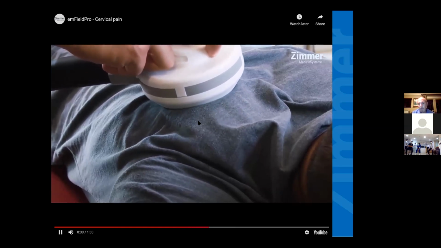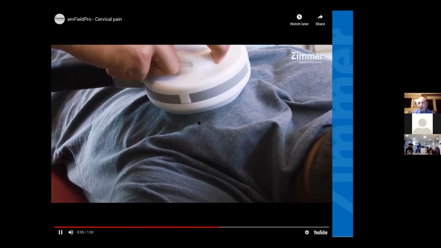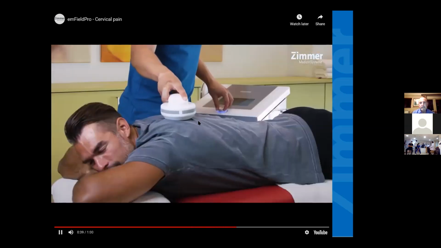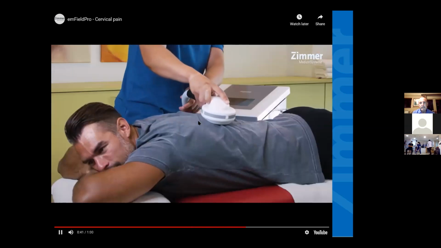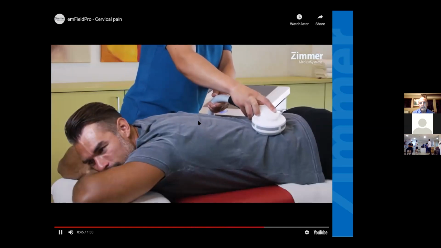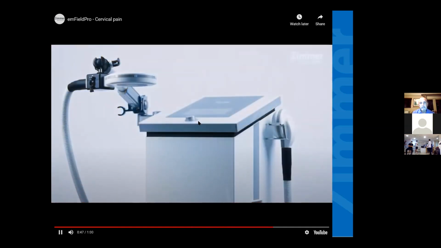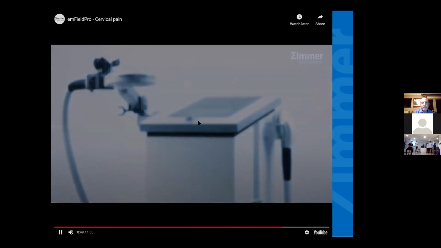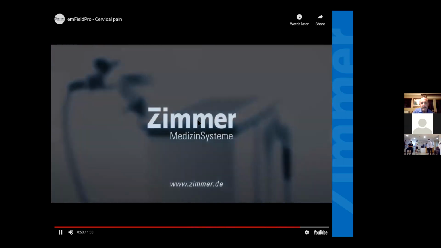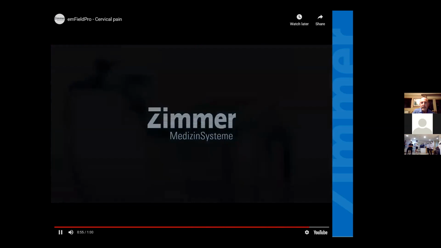Great for a trigger point or just some spasticity there. Mobilizing. So that'll give you a flavor for the back.